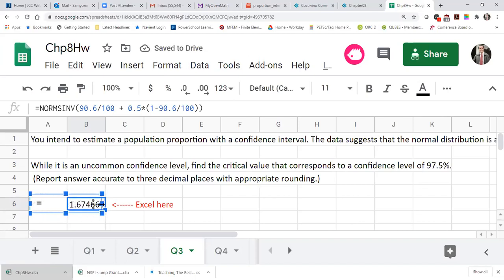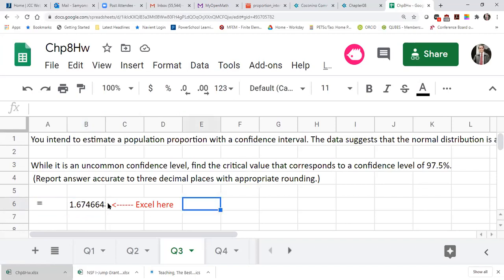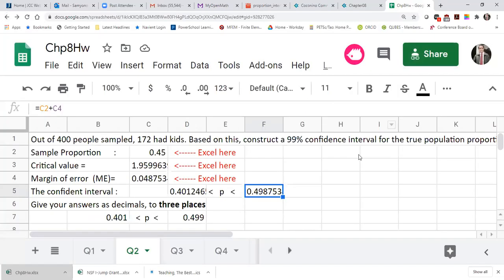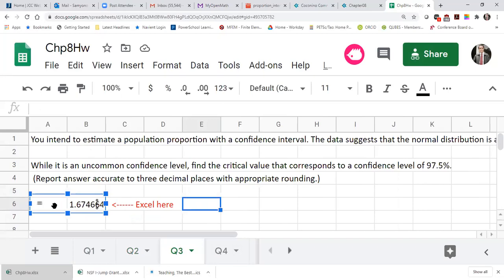Yeah, I think this one is missing something. I think it's missing on the left side.